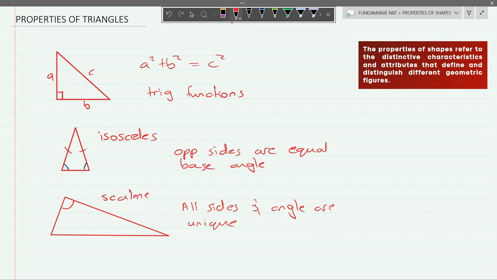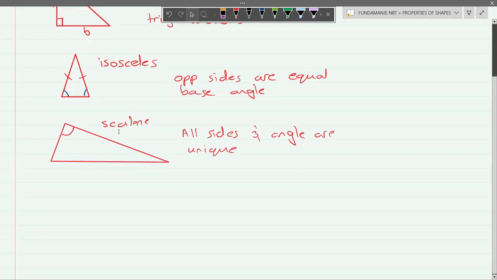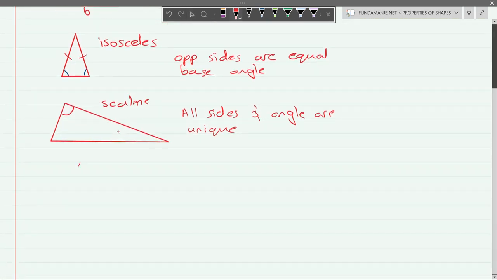Then from this we have another triangle called the equilateral triangle. This is where all three sides are the same and all angles are equal.